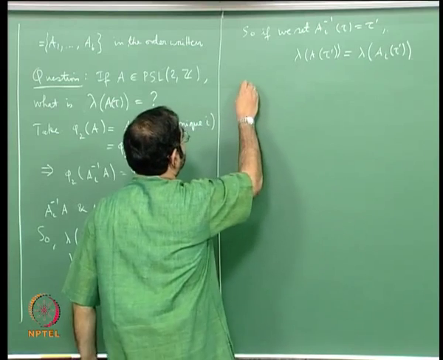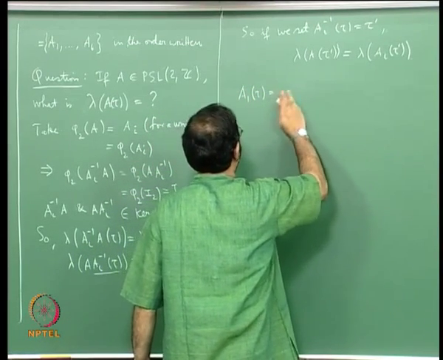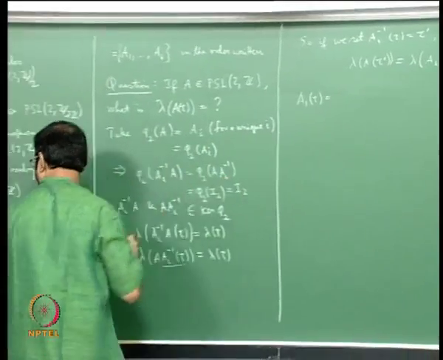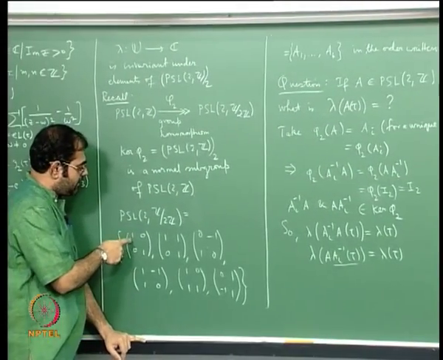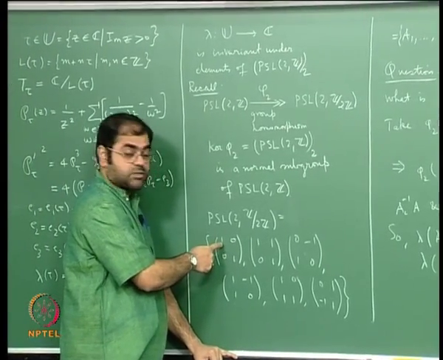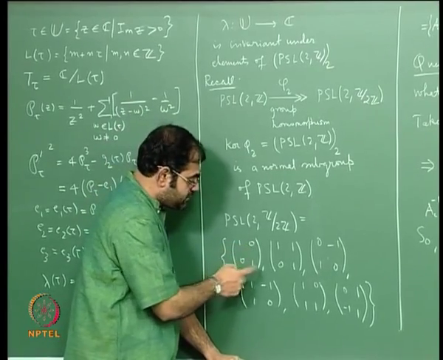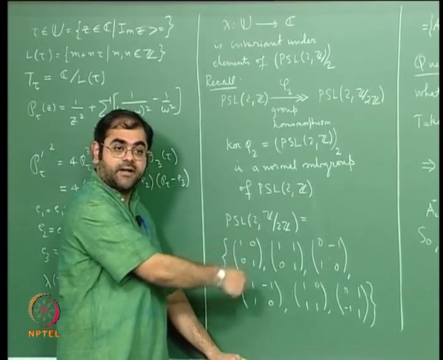Now these transformations are all very nice. Mind you, whenever we write an element alpha beta gamma delta, it is thought of as a Mobius transformation that takes z to alpha z plus beta by gamma z plus delta. That is the identification.